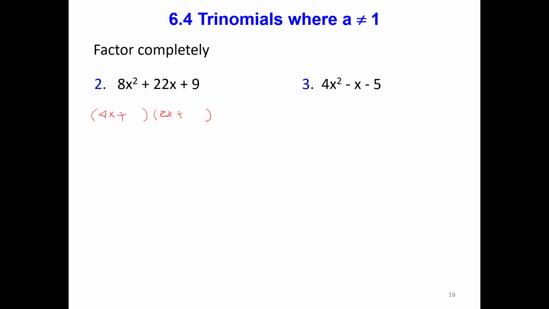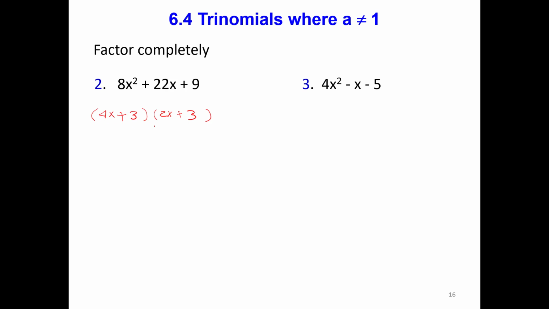Then now we need to get 9. How can we get 9? Remember, we get 9 when we multiply these two terms. Then it can be, for example, 3 and 3, one possible combination, because 3 times 3 is 9. Let's see if this combination works. If not, we need to find another way to get 9.